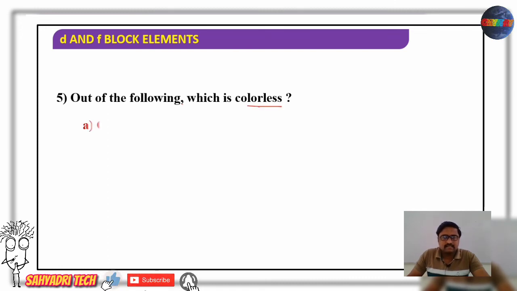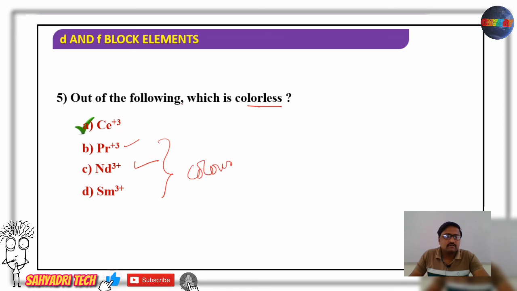Cerium 3+, promethium 3+, praseodymium 3+, neodymium 3+, samarium 3+. We already said these are all colored. The cerium 3+ is colorless.